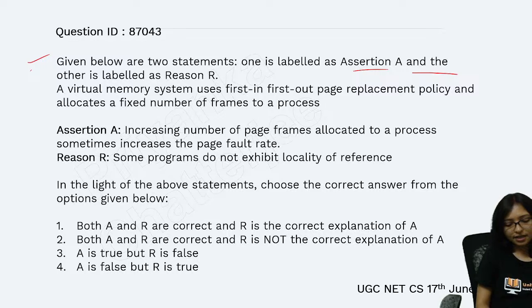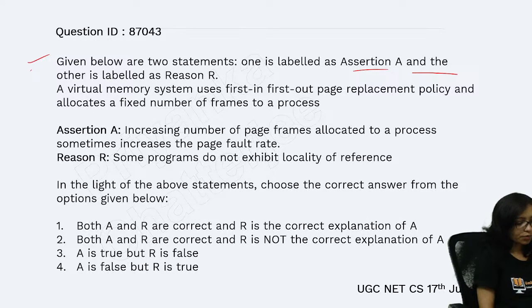Read it and do it correctly. I am waiting for your answer. Everyone, answer on the poll.